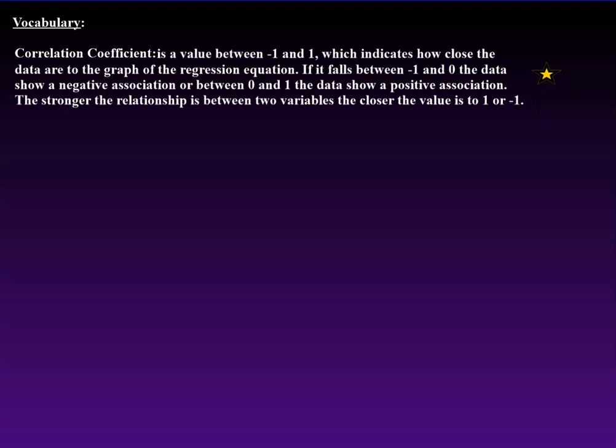The correlation coefficient is also called the R value. And we'll talk about that more when we get into doing the problems. So at this point, you probably want to pause it so you can go ahead and copy this down.